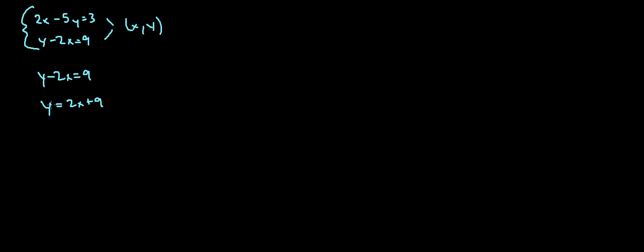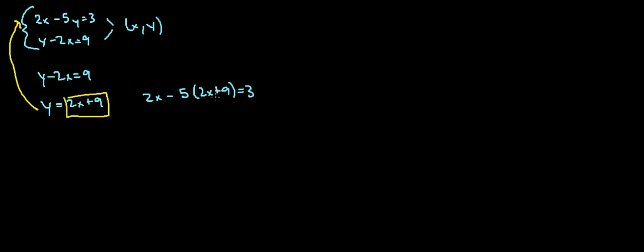Now that I have this equation written in terms of x, I'm going to substitute this into the first equation. So what I've done is taken this and substituted it in for y.